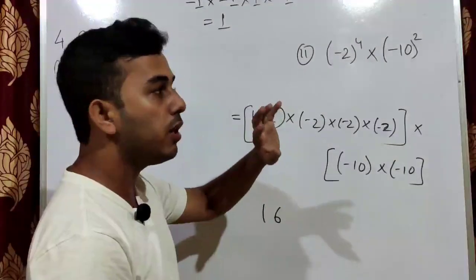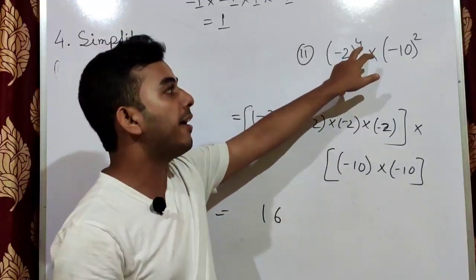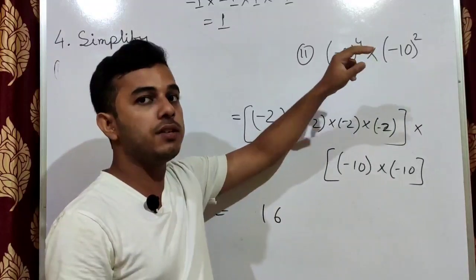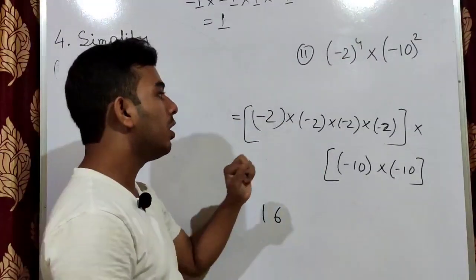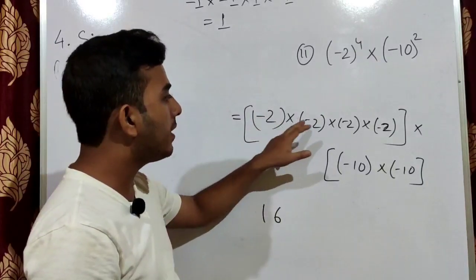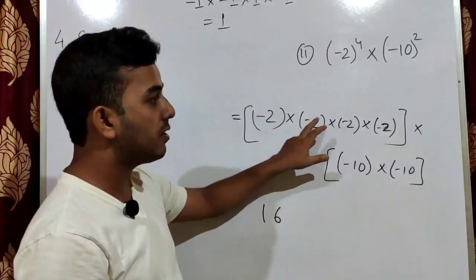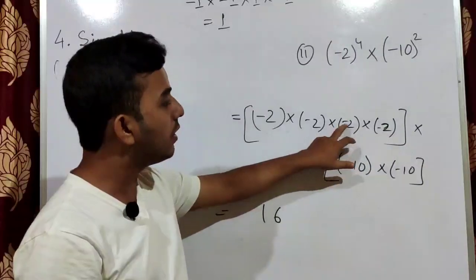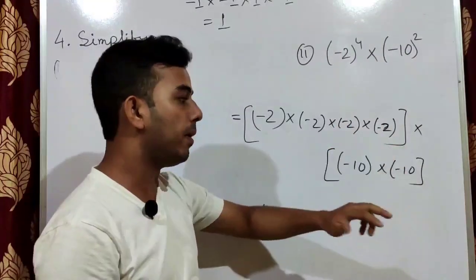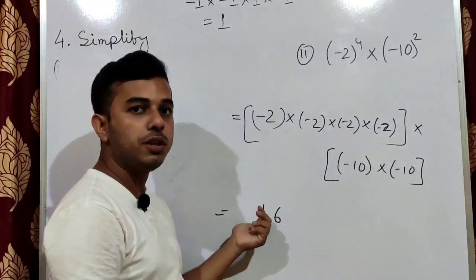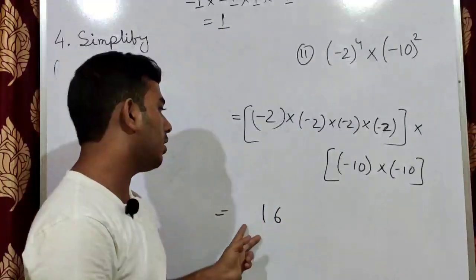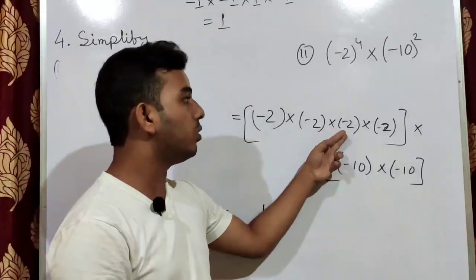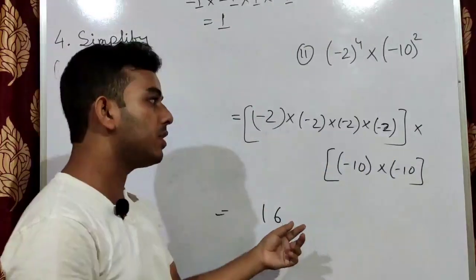As I told you earlier, if we have negative numbers and the exponent or power is even, the sign will become plus. How? Look, minus minus plus, plus minus minus, then again minus minus plus, so it will be a positive number, right? So the product of minus 2 into minus 2 into minus 2 into minus 2 is 16.